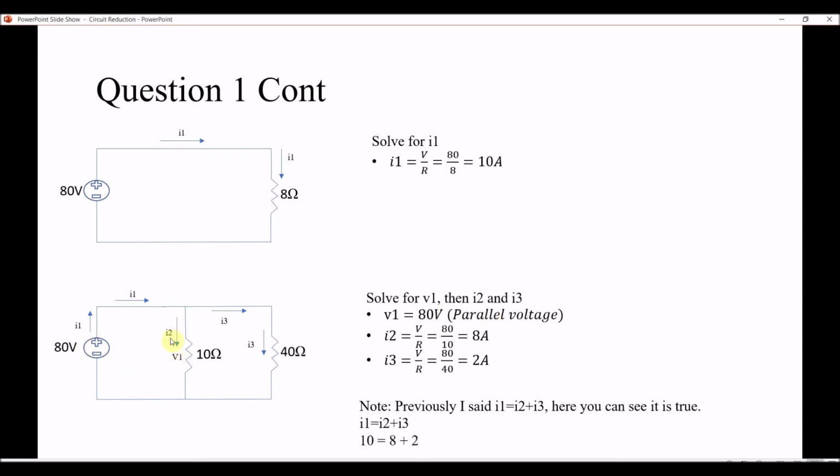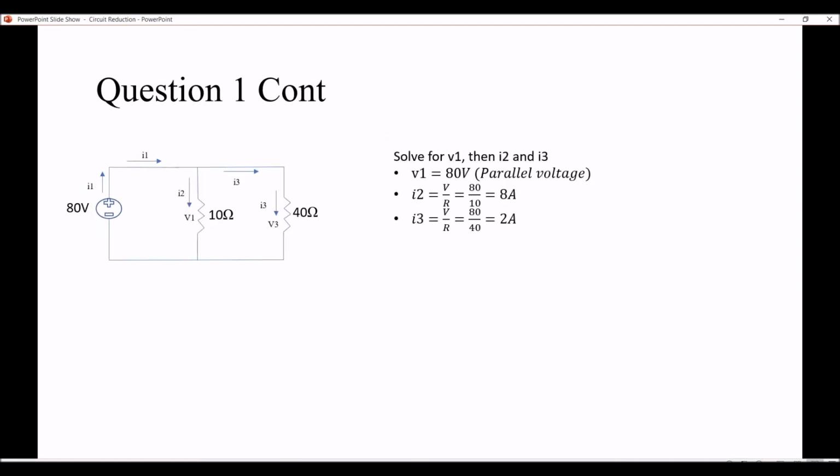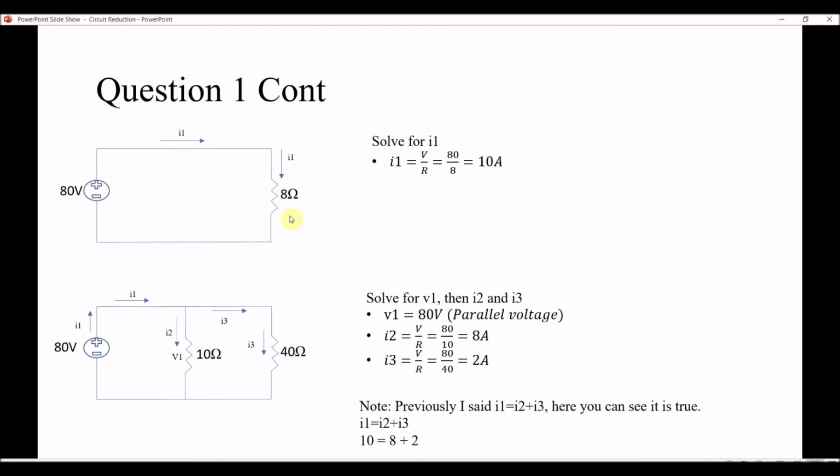Then we're going to solve for I2 using Ohm's law, which is V over R, 80 over 10, which is 8 amps. And then we're going to solve for I3, which is V over R. This is 80 volts, so it's 80 over 40 because the resistance is 40, and you get 2 amps. Now note that I didn't solve for the V here yet.